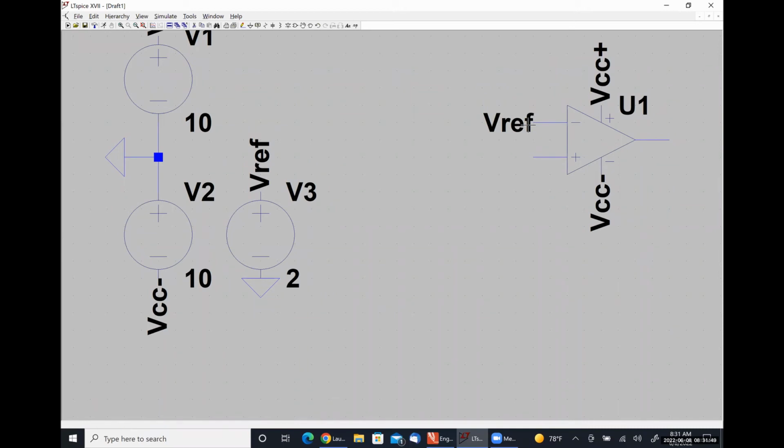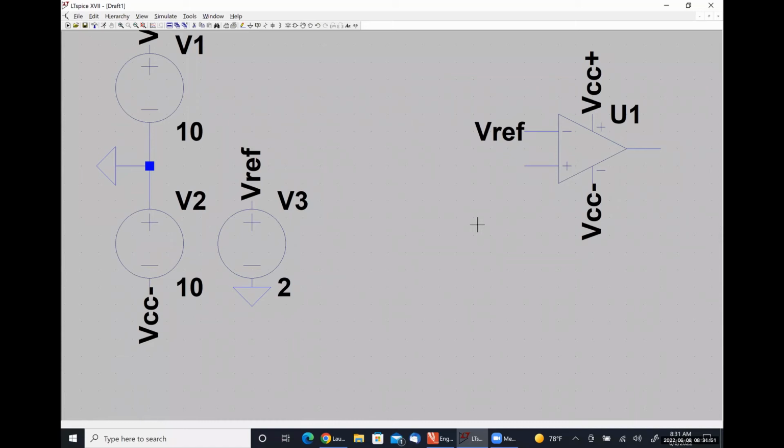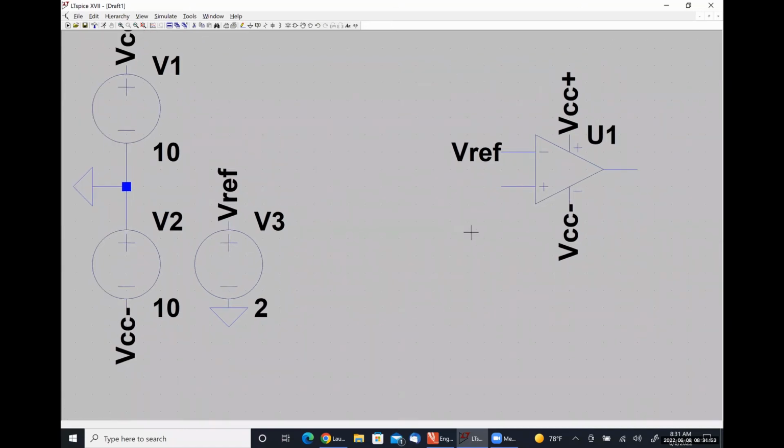One thing that I do want to point out, and this is true for all op-amp models in LTspice: for whatever reason, the positive power supply terminal is on the same side as the inverting input terminal.